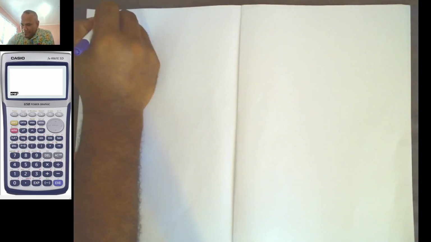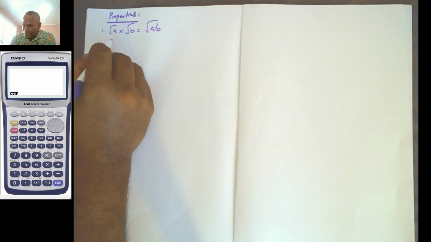Before we look at and define what surds are, let's look at some properties of surds. Property 1: the square root of a times the square root of b is equal to the square root of ab.